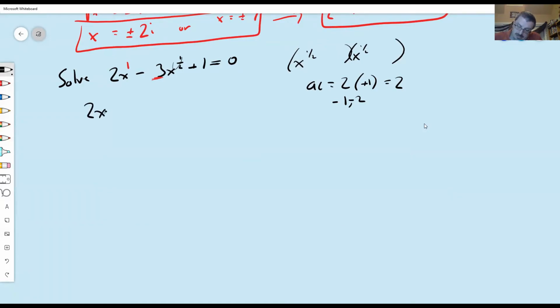So 2x minus 1 times x to 1/2 minus 2 times x to 1/2 plus 1 equals 0. At this point, it may be helpful to note this.